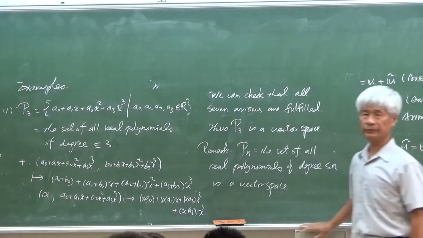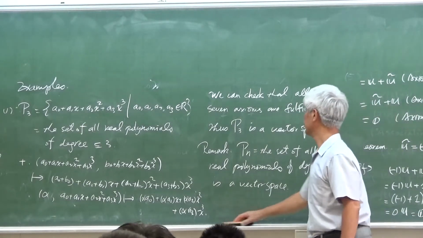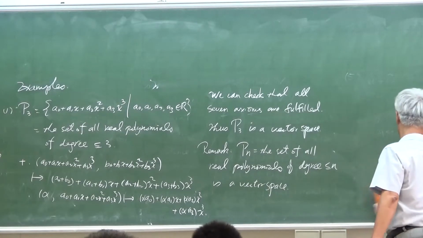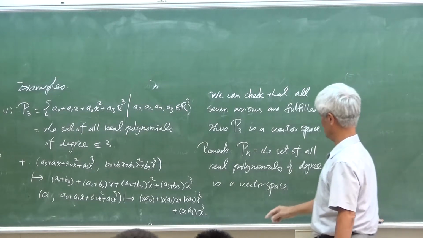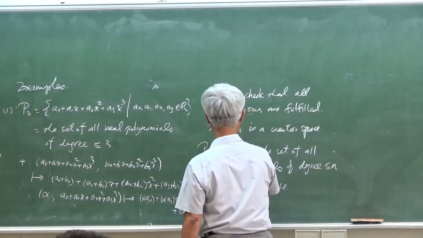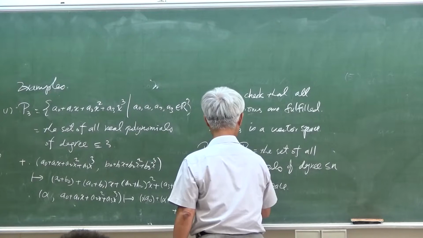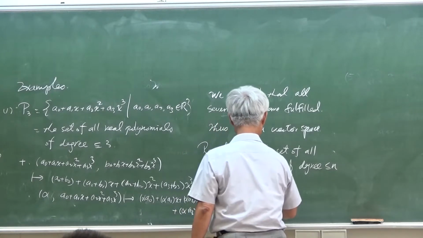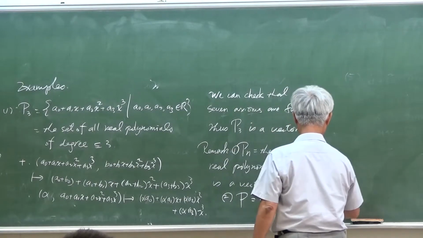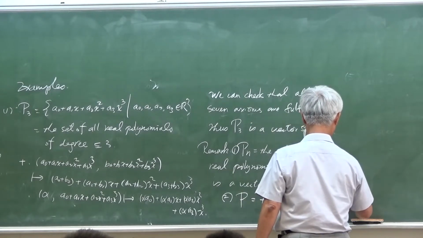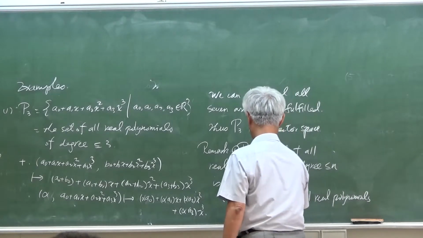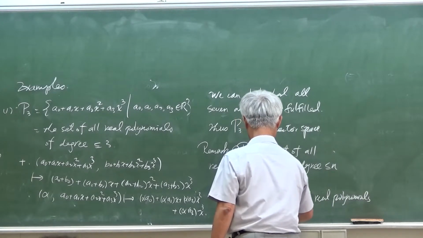This is very common. And P, the set of all real polynomials, is also a vector space.